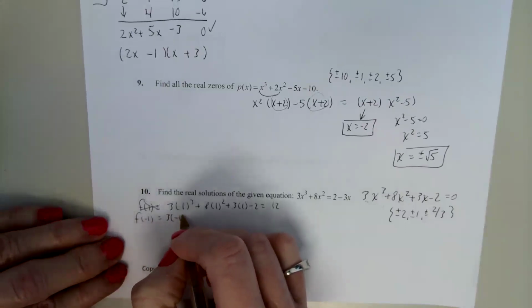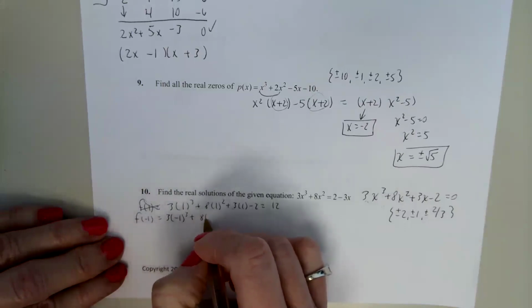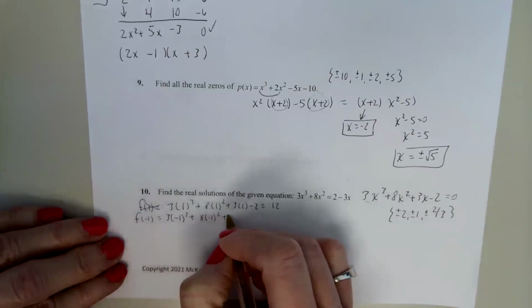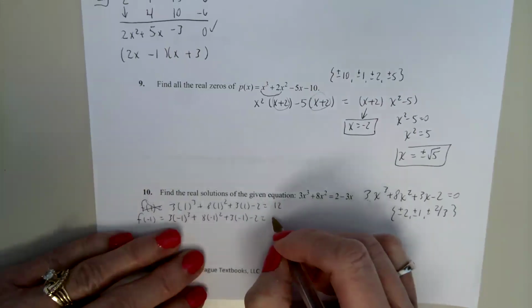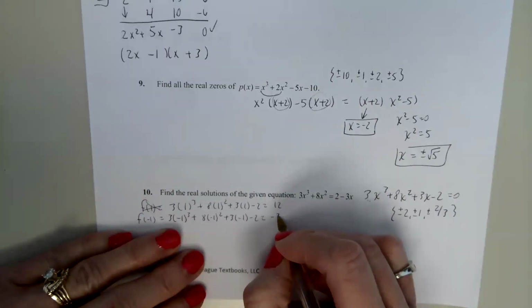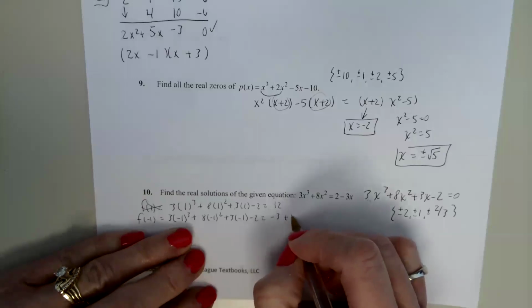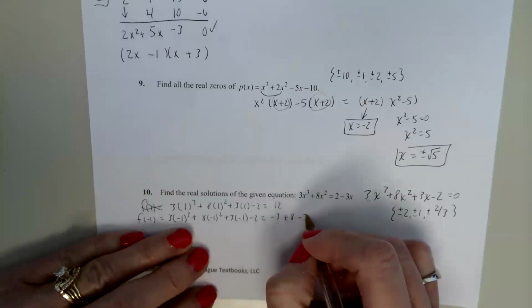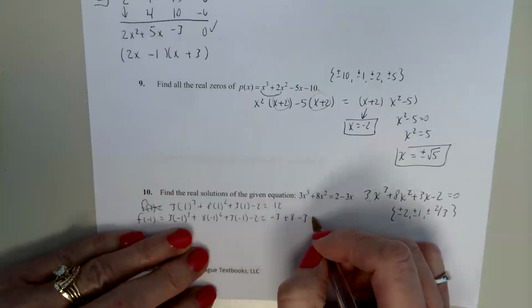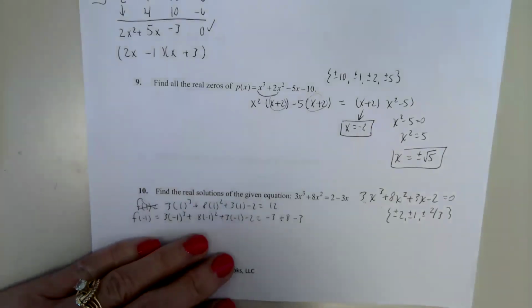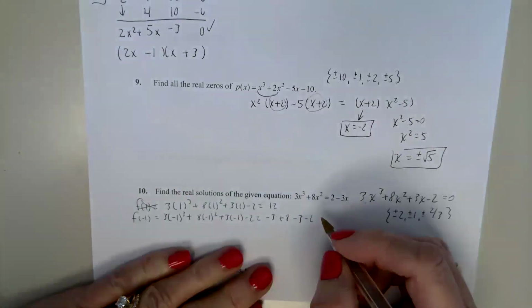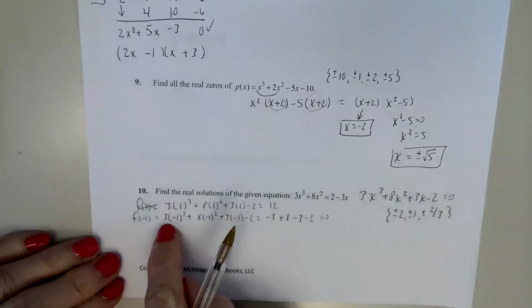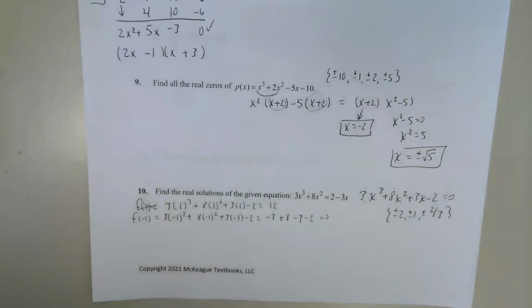So 3 times a negative 1 cubed plus 8 times a negative 1 squared plus 3 times a negative 1 minus 2. So in that case, we'll have a negative 3 plus 8 minus 3 minus 2. And that equals 0. So a negative 1 is a 0.